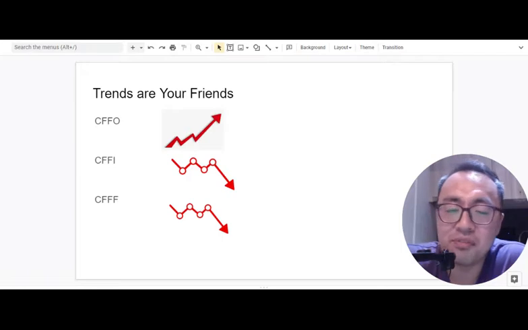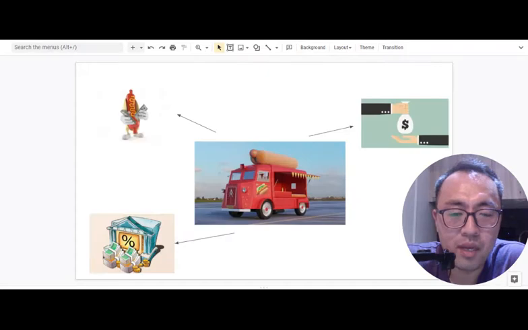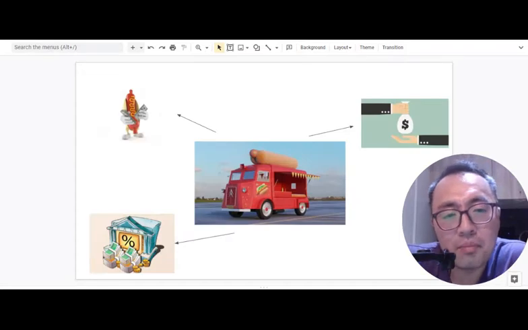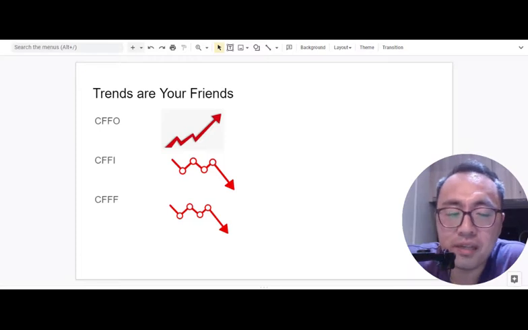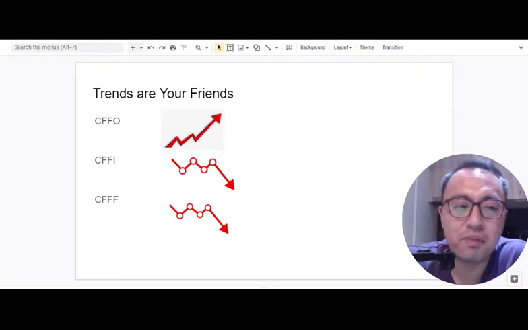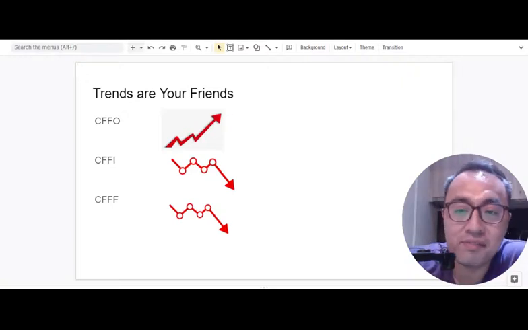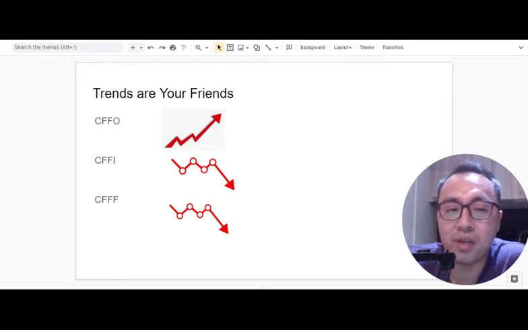But what about cash flow from investing, right? Let's go back to this example. If you invest money, should the money be coming to you, or should it be going away from you, right? So you have to think about that for a second. Should the cash flow as a result of investing be coming to you or going away from you?